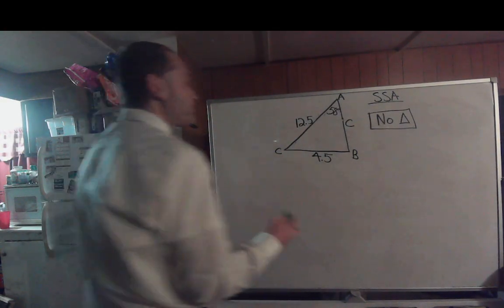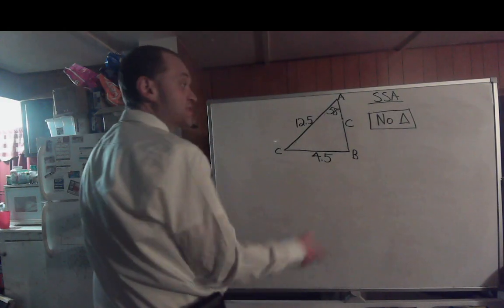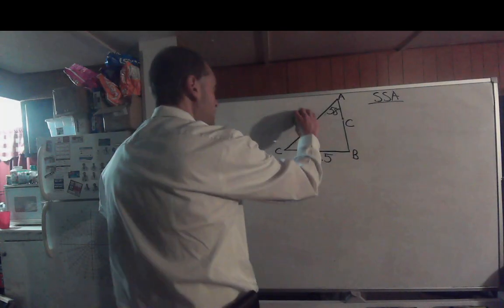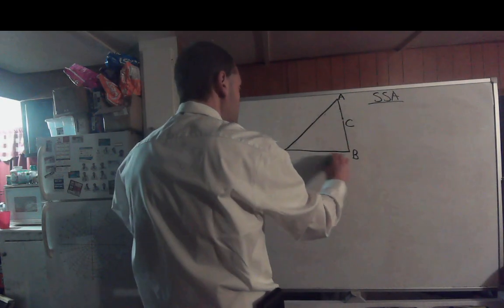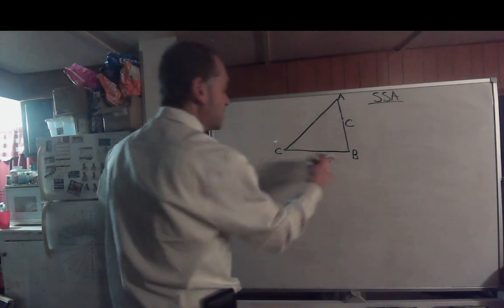So that's a good example of sometimes right out the gate you'll have no possible triangle. So that one worked out actually very nicely.